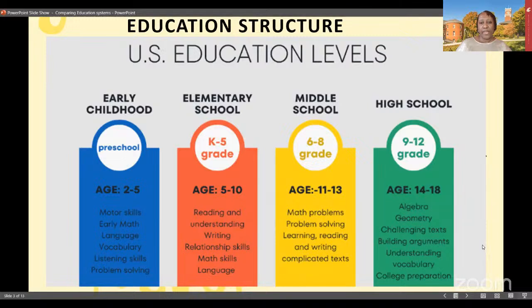And then we have high school, grades 9 to 12, ages 14 to 18. This includes algebra, geometry, challenging texts, building arguments, understanding vocabulary, and college preparation.